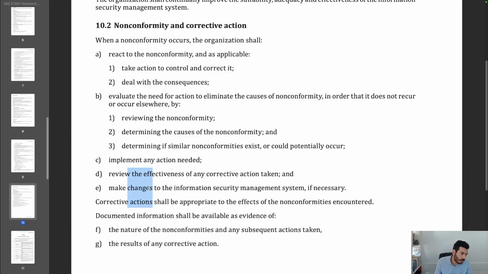Okay? So corrective actions shall be appropriate to the effects of the nonconformities encountered, which is to say, we have to take the action as needed to the extent that the information security incident caused havoc within our organization. Okay?